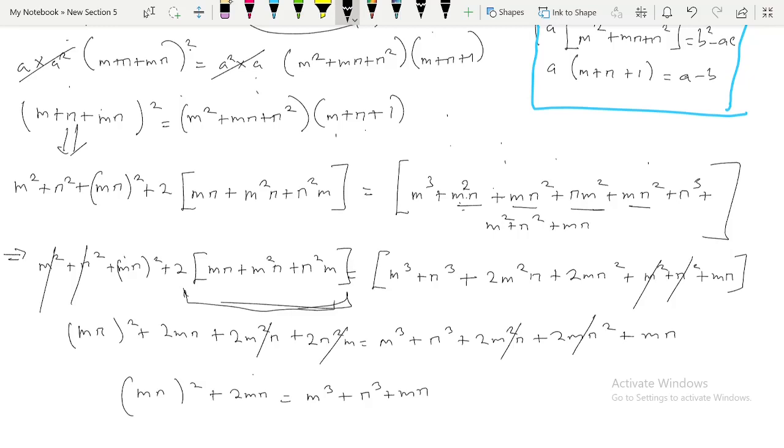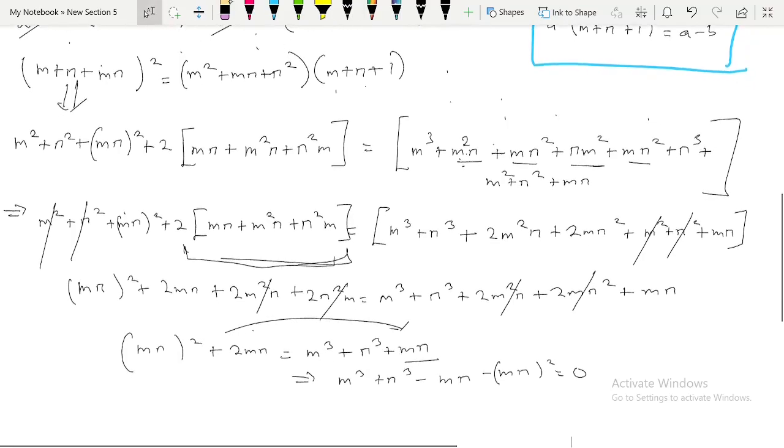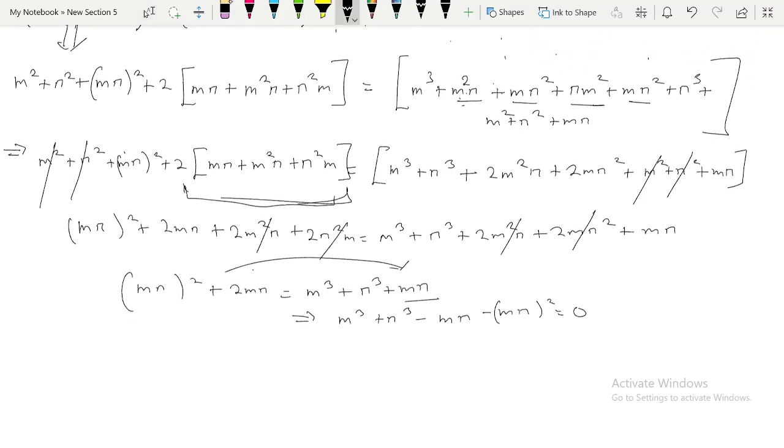This can come this way, so you bring everything this way, then you have m cube plus n cube minus mn, this is mn minus 2mn minus mn all square equals 0, right? Okay, so we have this now. Remember, this is our aim. Either this is true.